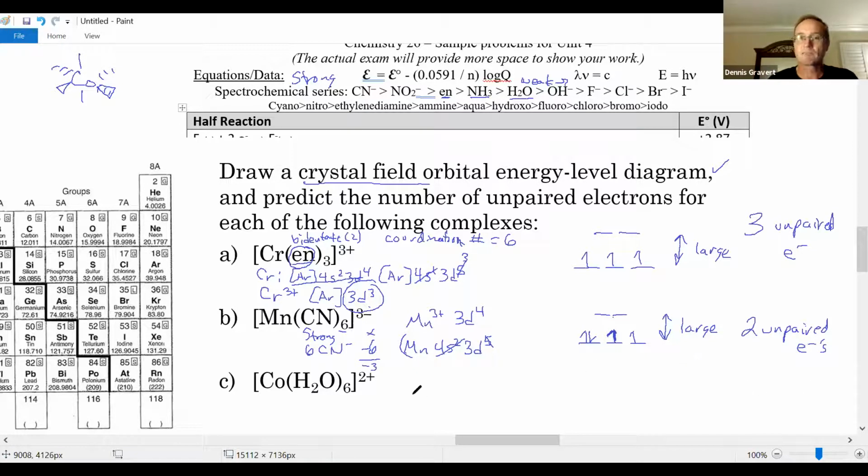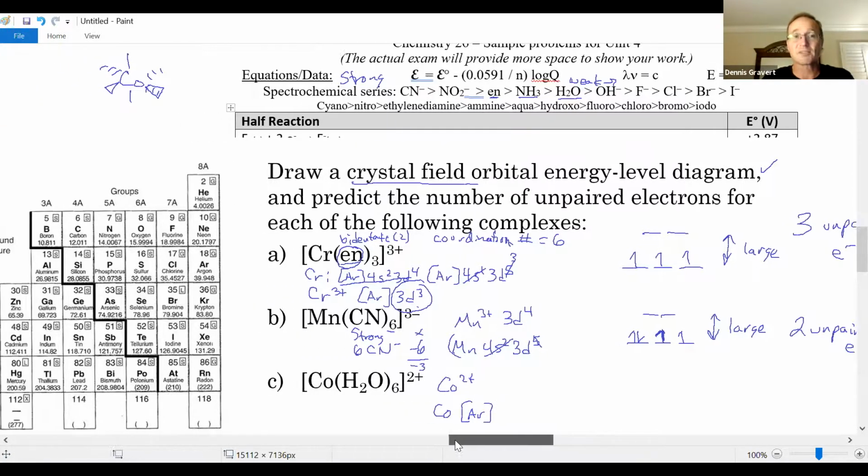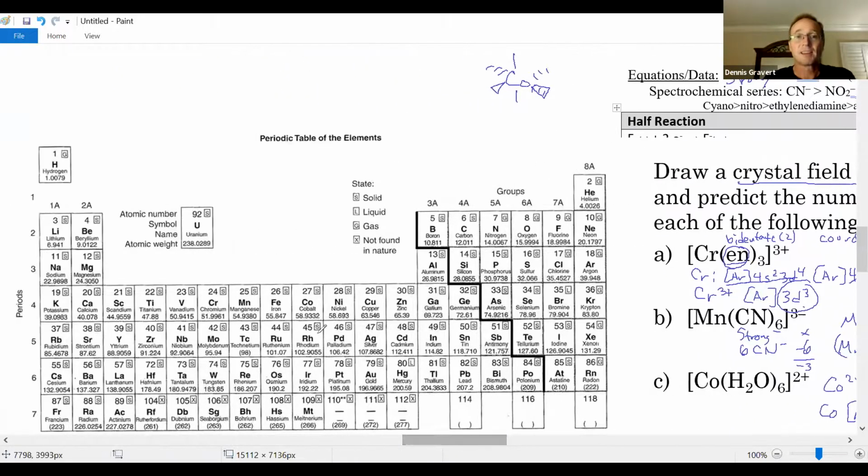Nice. Let's do cobalt. Water has no charge. The whole thing's a +2. Well, that means cobalt carries the full +2. What's the electron configuration of just cobalt? Let's go find out from the periodic table. Cobalt's element 27, so you got the 4s squared, and then 1, 2, 3, 4, 5, 6, 7 electrons.